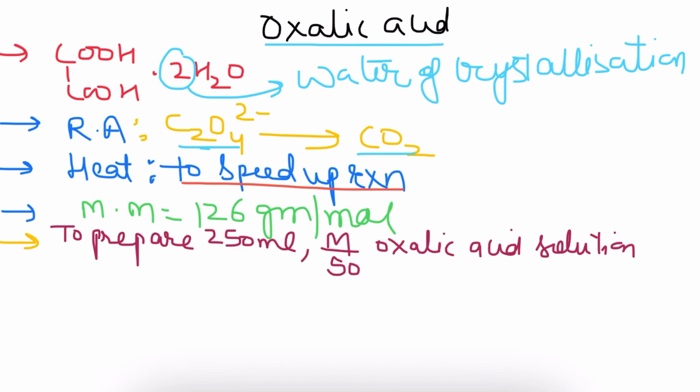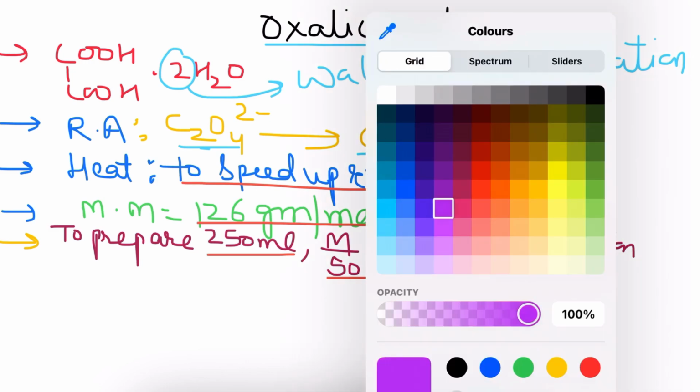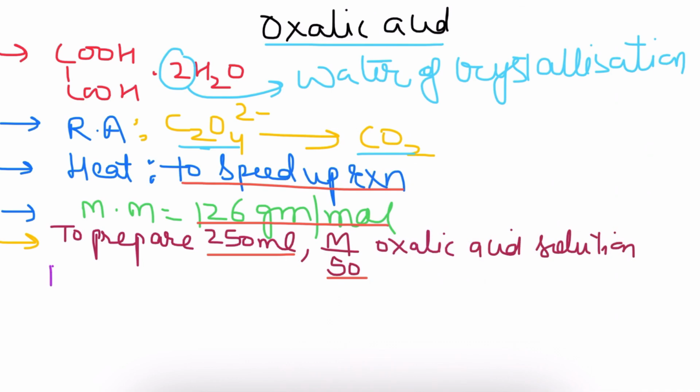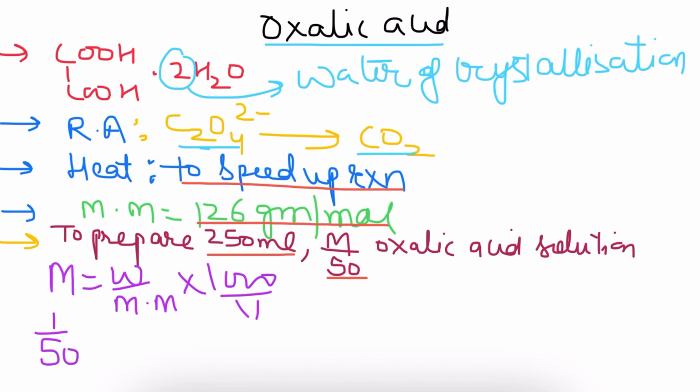Molecular mass of oxalic acid is 126 gram per mole. Now the task is to prepare 250 ml of M/50 oxalic acid solution. What we do here? We use the formula of molarity, given mass upon molecular mass into 1000 upon V. Molarity is 1 upon 50.